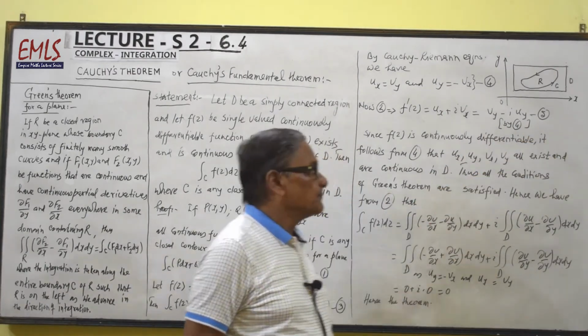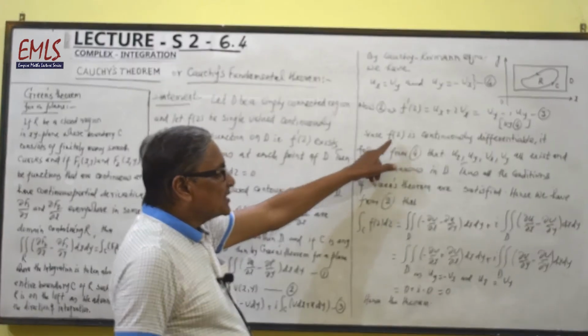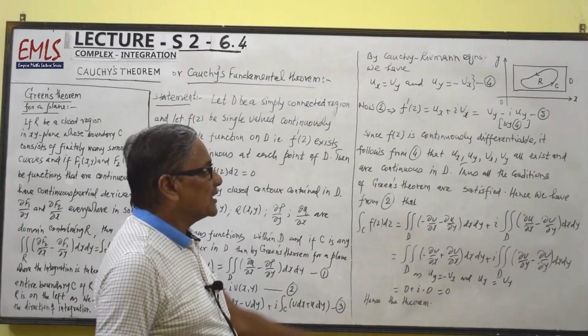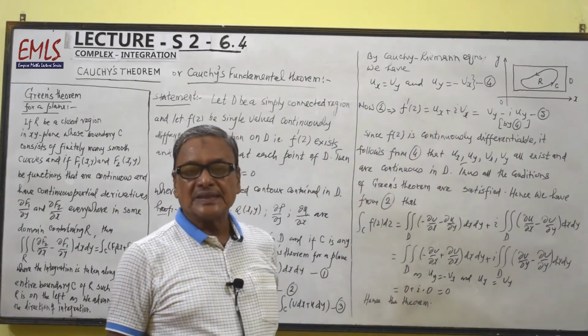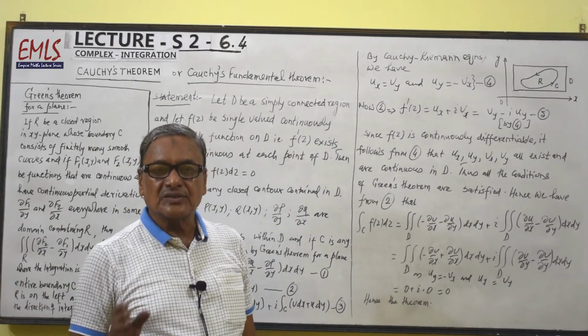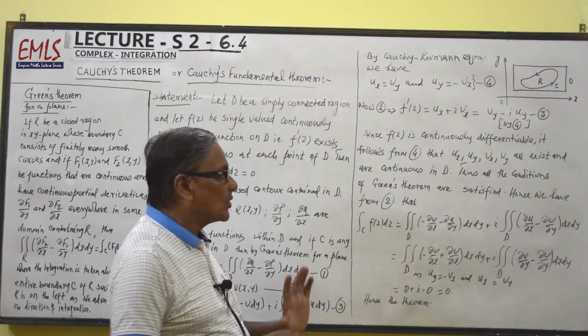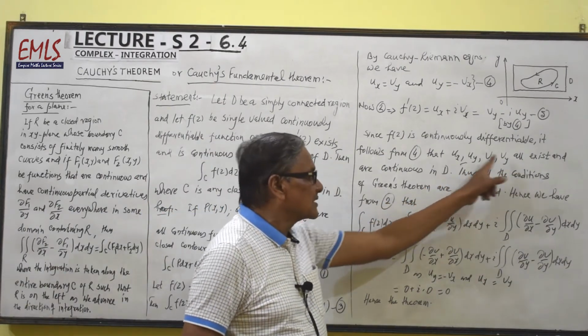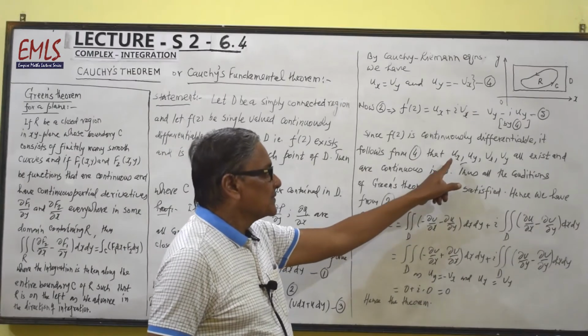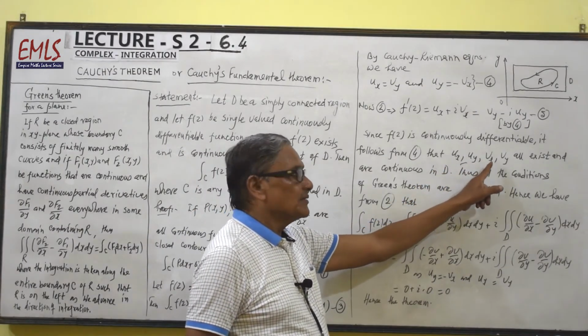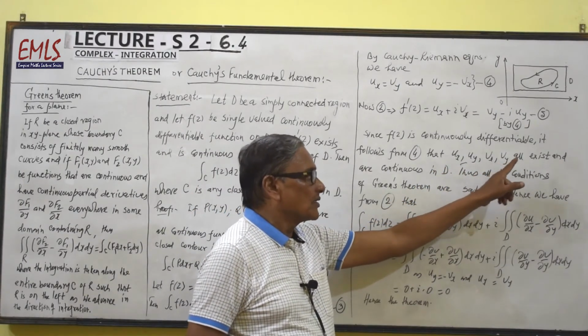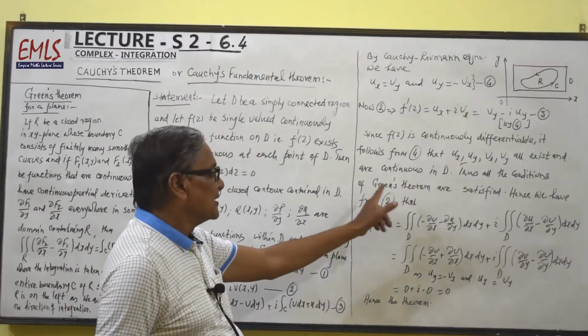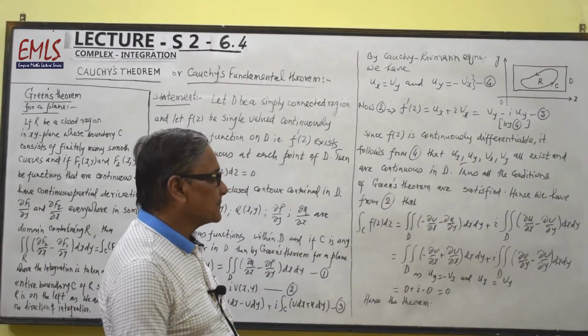So point number 5: since f(z) is continuously differentiable, it follows from 4 that u_x, v_x, u_y, v_y all exist and are continuous.